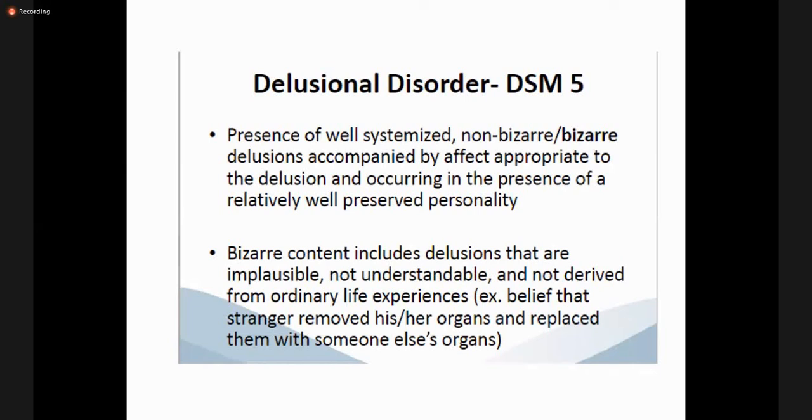So basically, they will have an explanation for it, but they're not systematized. Whereas here, they are systemized in such a way that they will have the entire story from where it started, how it happened.